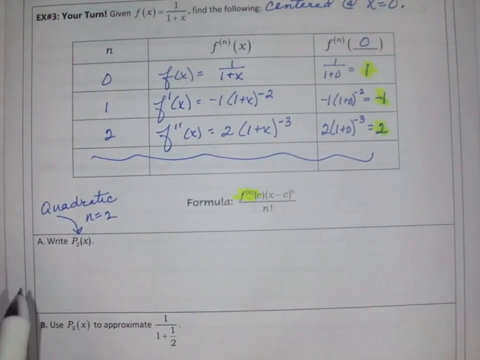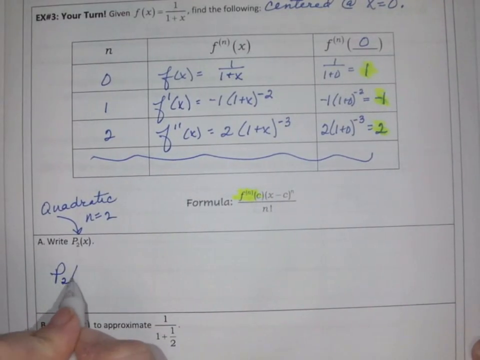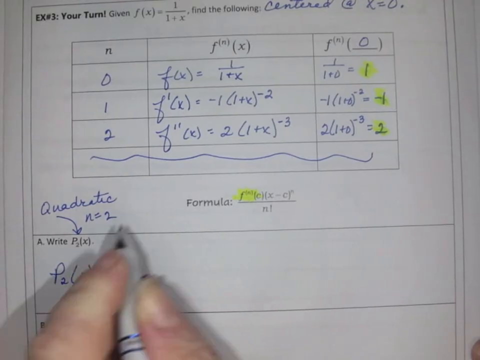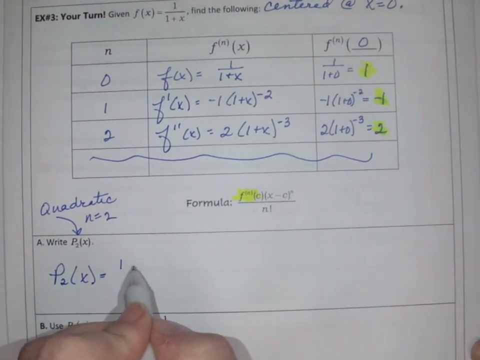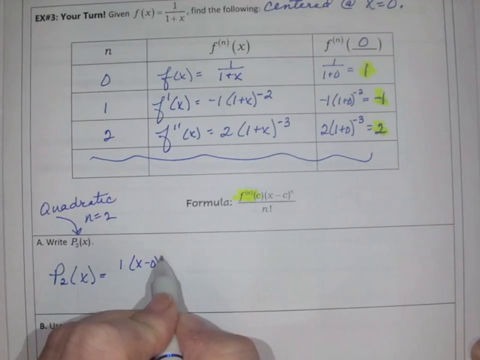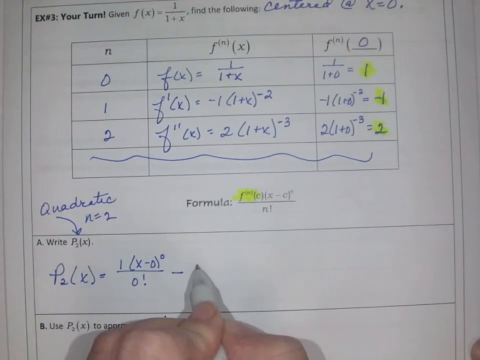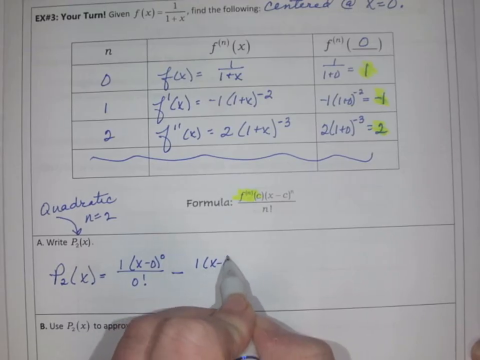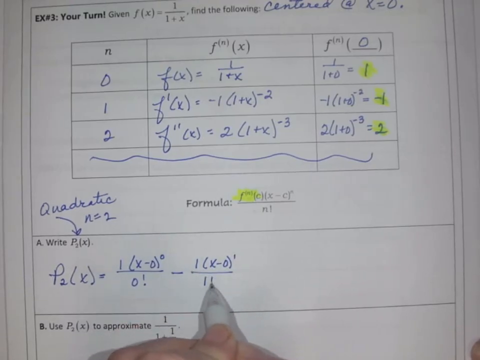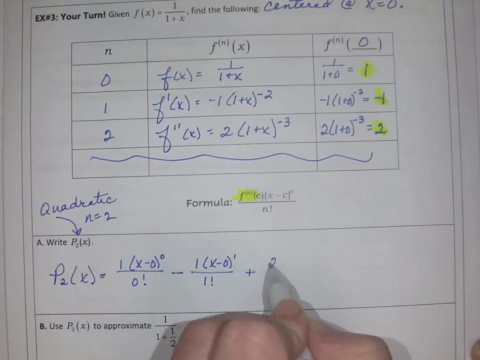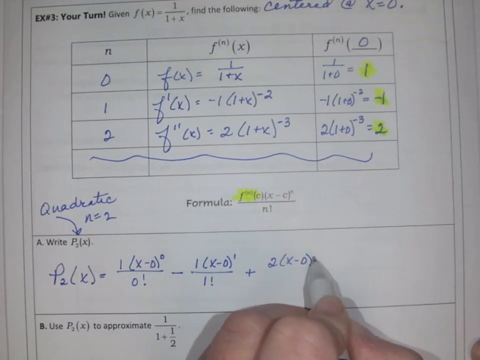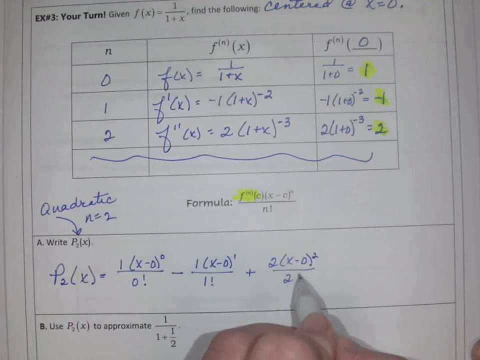All right, so P2 of x is going to be, we take our first one, 1 times (x minus 0) to the 0 power over 0 factorial, minus 1 times (x minus 0) to the first over 1 factorial, plus 2 times (x minus 0) squared over 2 factorial.